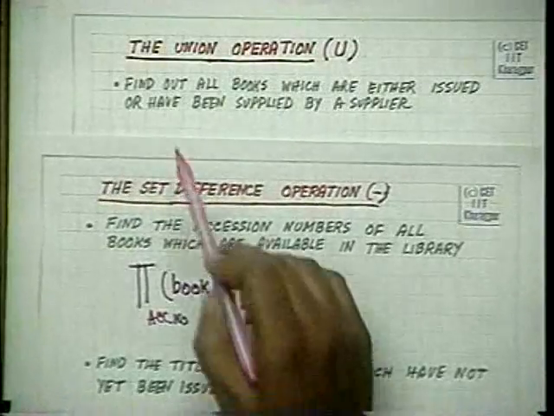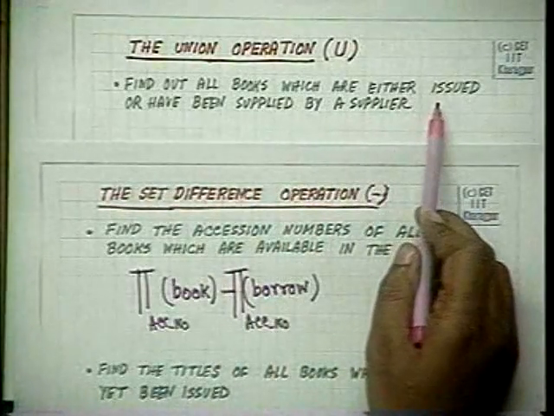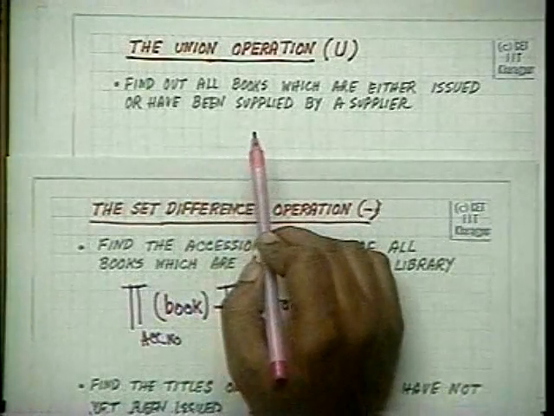Similarly, we have got the union operation. Find out all books which have been either supplied or which have been issued. Now here again we have to make the attributes common.